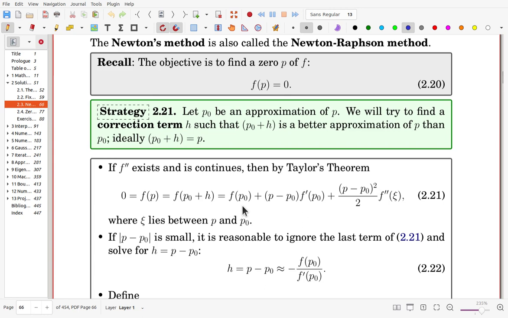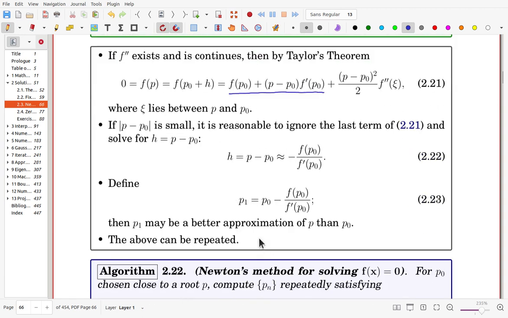And so this portion is now 0 near around the zero. So we can solve for p minus p0, which is h. That is quite simple. Move this one to the other side and divide by f prime p0. That's exactly this one.